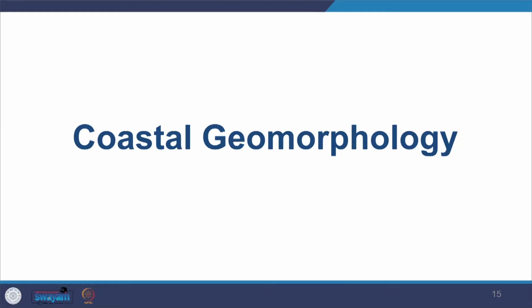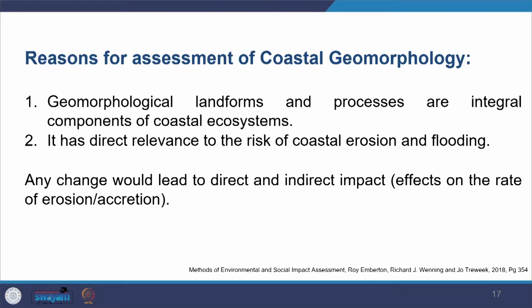So looking at the coastal geomorphology, the coastal geomorphology is very important in EIA for two main reasons. So we see that geomorphological landforms and processes are part and parcel of the coastal ecosystem, and they have direct relevance to the risk of coastal erosion.